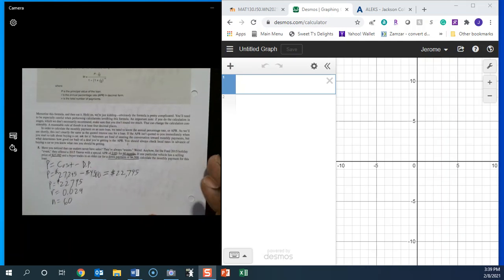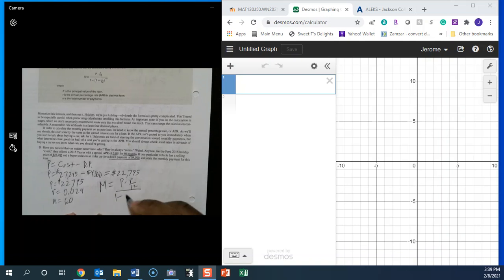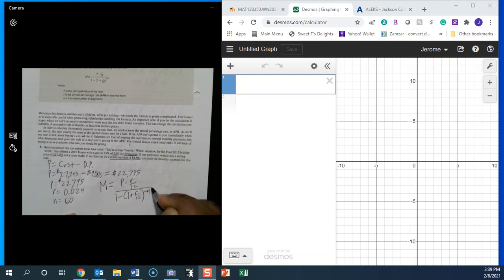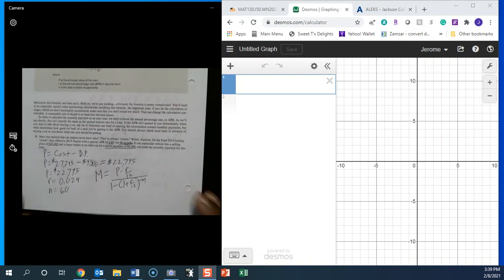Now we could put this in the formula. Now I want you to pay close attention to this. I have M is equal to P times R over 12 divided by 1 minus 1 plus R over 12 to the negative N power. Okay, that's the formula. Now we're going to do some substitution.